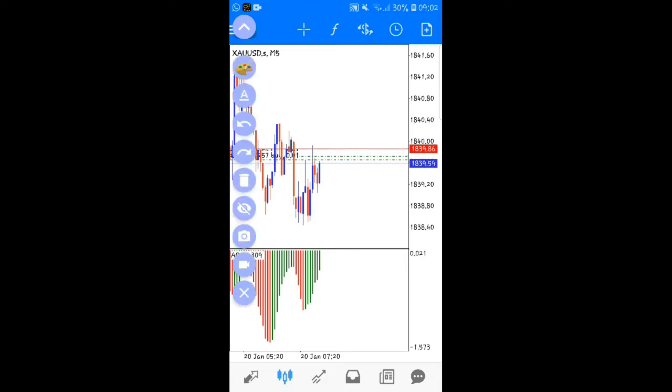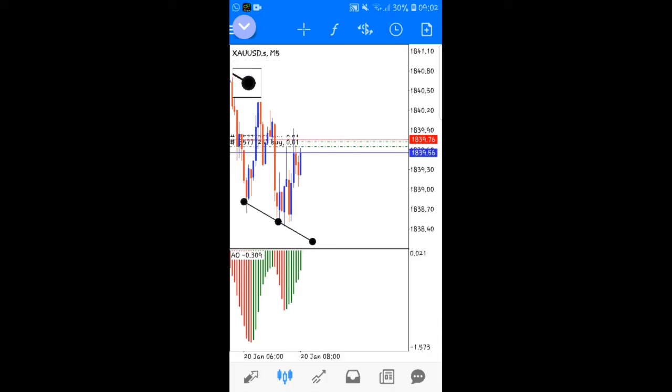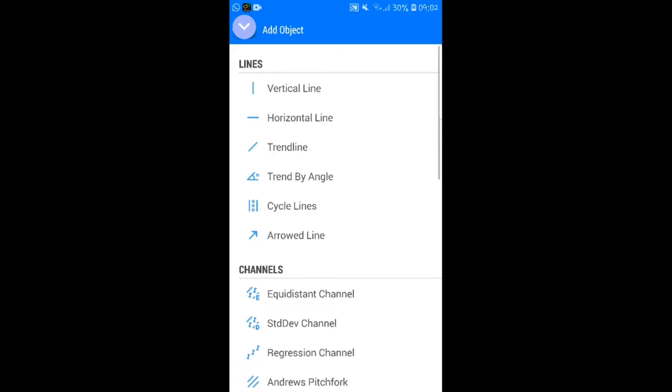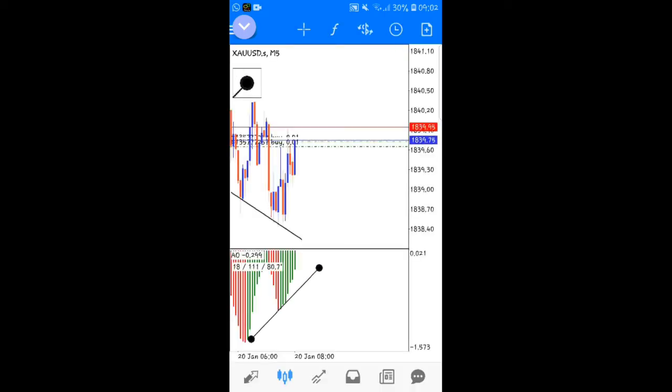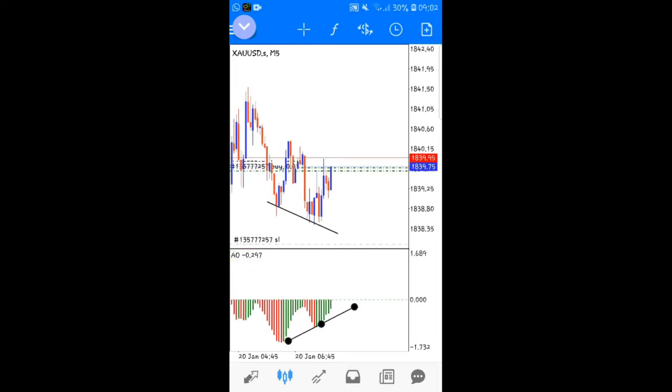So that's the reason why I've taken this trade, because I can see here that the market is moving from high to low, and then the awesome oscillator is moving from low to high.